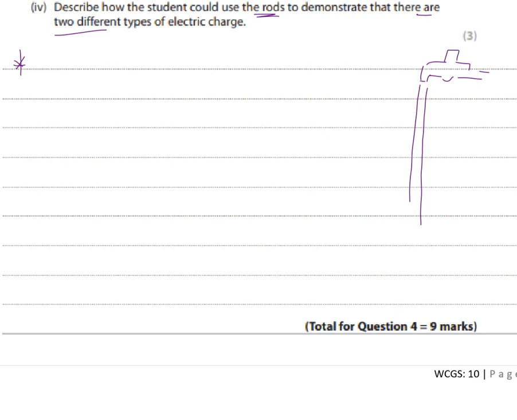Using friction, charge the rod. So the rod gains electrons, therefore it becomes negatively charged.